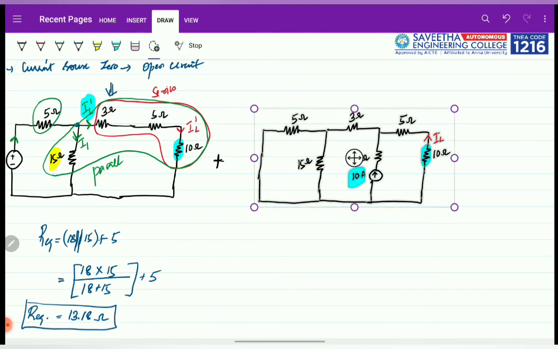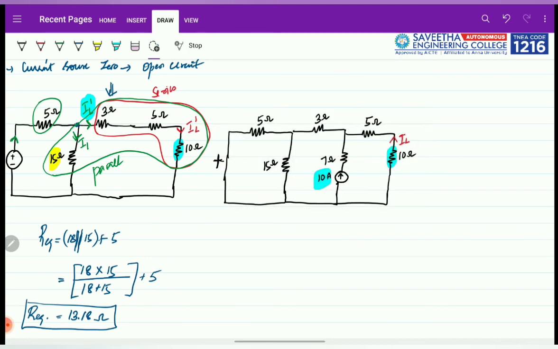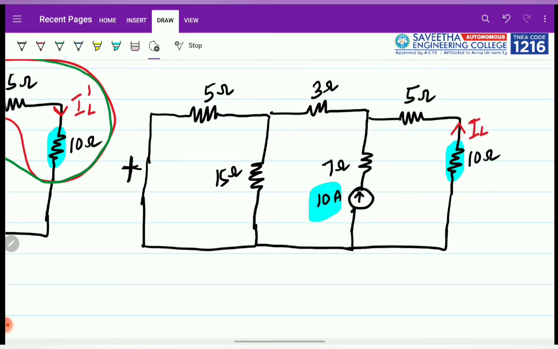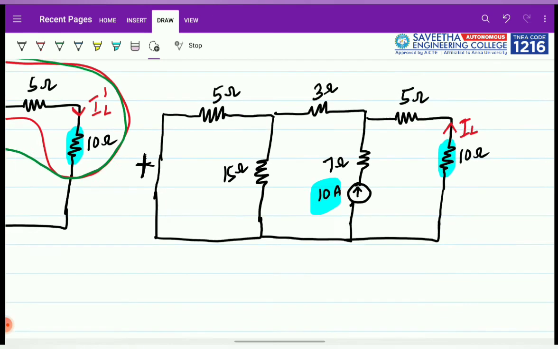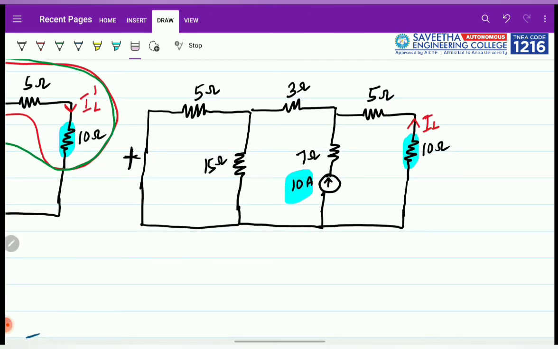Okay, now I'm going to consider this circuit only with the 10 amperes current which is entering into it, right? So here also the current direction will slightly change because the direction of the currents will be also something like this. We will take this IL double dash. Okay, IL double dash.